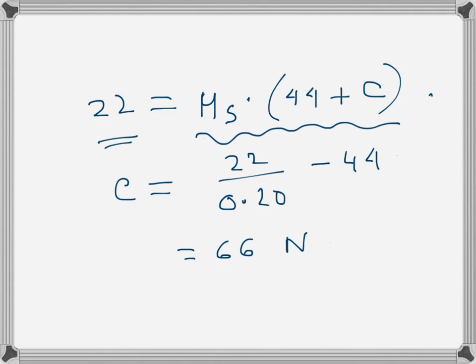So if we write it again, this is 22. Now what we can write is m_B times g, so this should be the mass of B, not the weight, and that gives m_B times a, the acceleration.